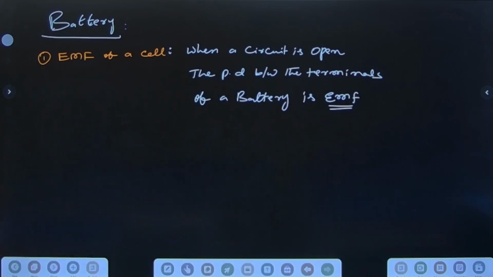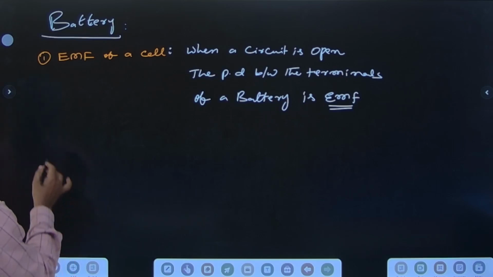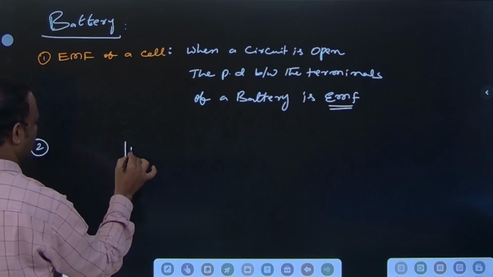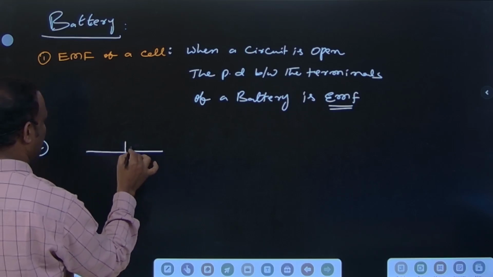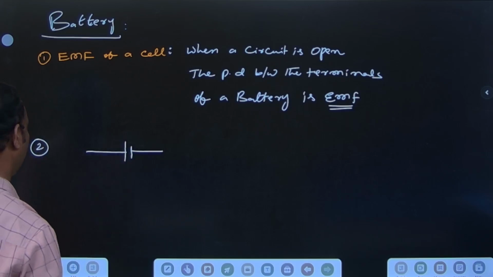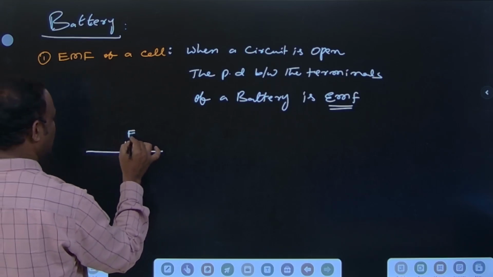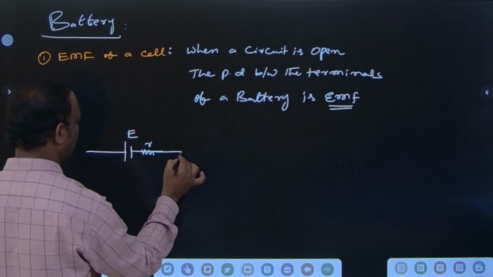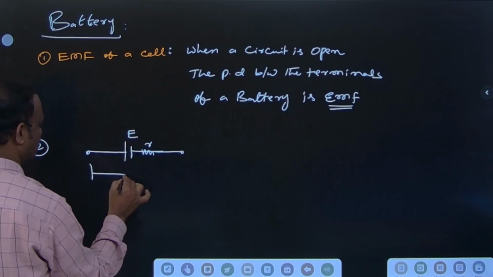A battery is a group of cells, as you already know. Its EMF is E, its internal resistance is small letter r, and the potential difference is V.